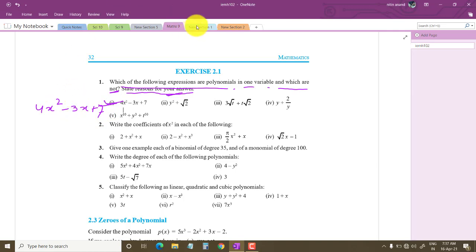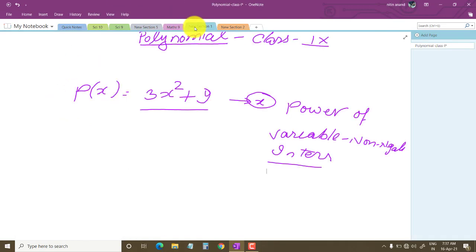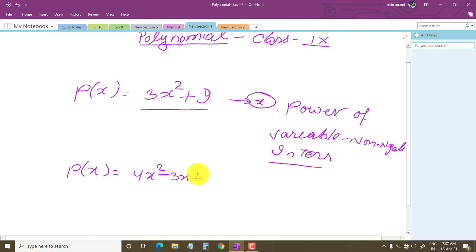Suppose this is p(x), 4x square minus 3x plus 7. We have to say whether this expression is a polynomial or not. Clear?